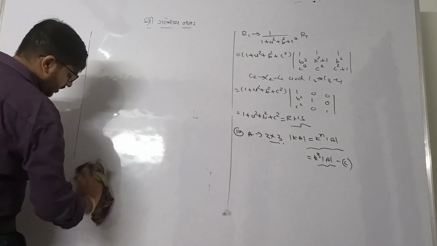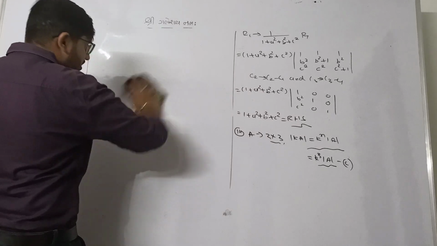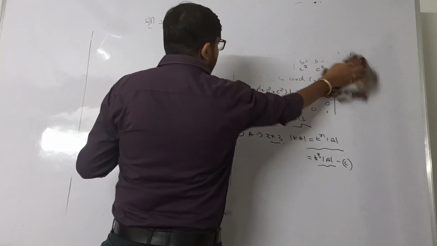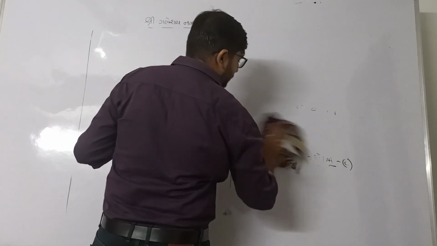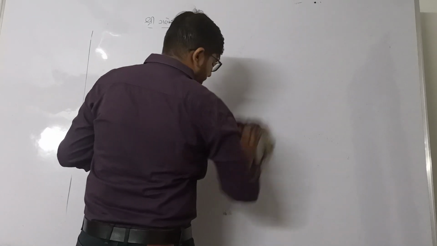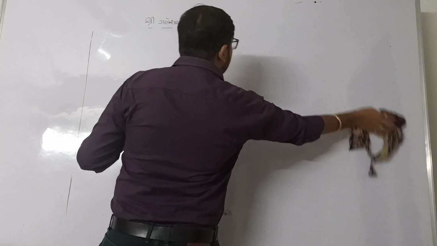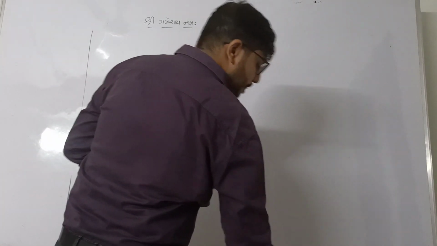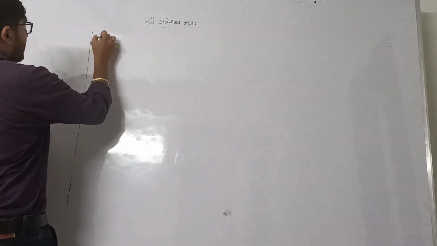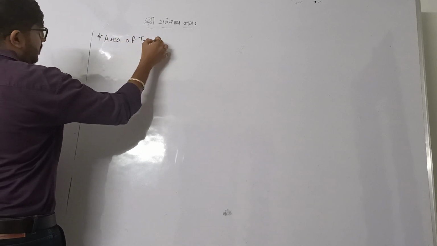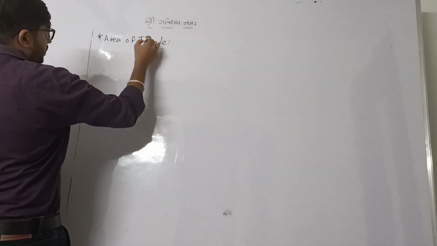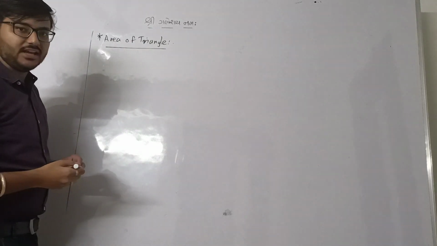Very easy topic which you already studied in your lower standard also. Okay. So the next point is area of triangle using determinants. Okay.